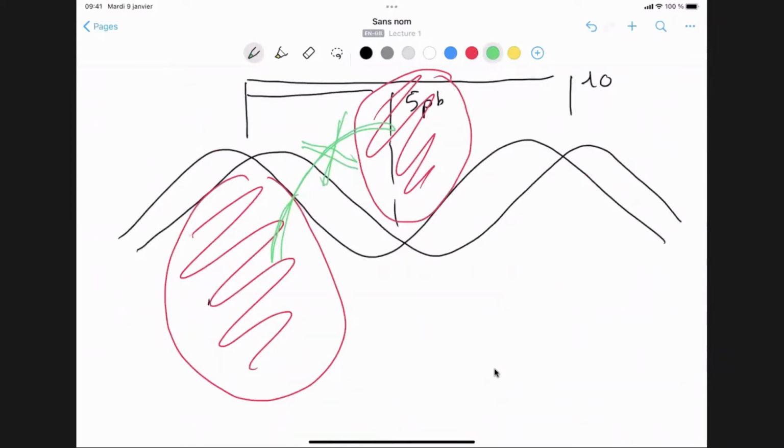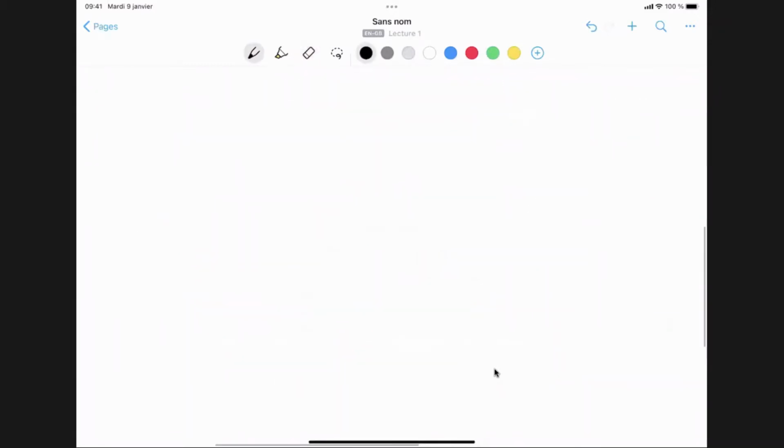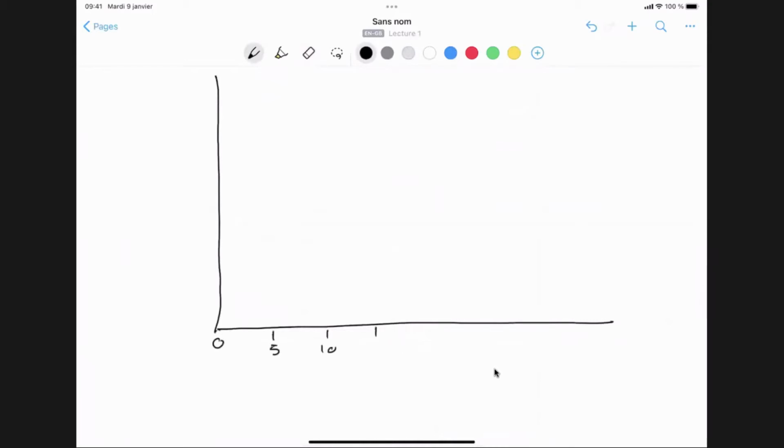You understand? So the consequence of all that is this. I will redraw the graph and write 0, 5, 10, 15, 20. And here it is always the probability of contact between the two proteins.